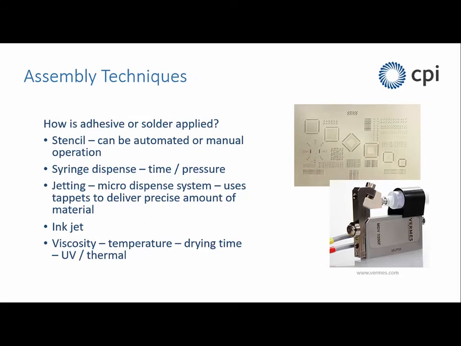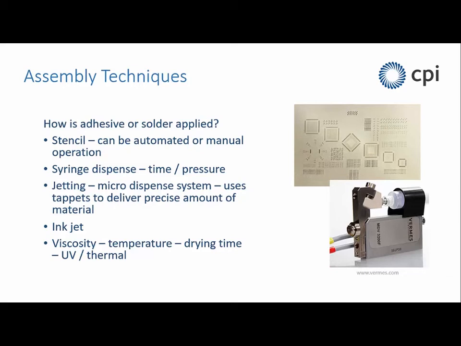How do we dispense the adhesives? There's multiple ways of doing that as well. There's always options, it seems, in printable electronics design and assembly. Stencil is a common approach. If you're wanting to use isotropic adhesive, ICA, then a stencil approach is quite feasible, just as you do with solder paste.